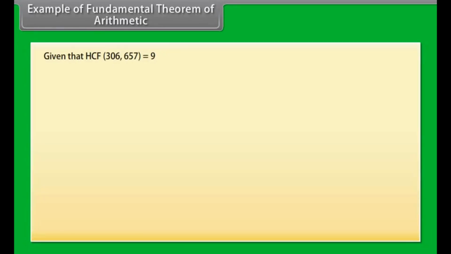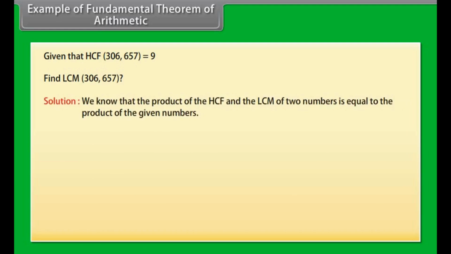Examples of the fundamental theorem of arithmetic. Given that HCF(306, 657) is equal to 9, find LCM(306, 657). Solution: We know that the product of the HCF and LCM of two numbers is equal to the product of the given numbers.